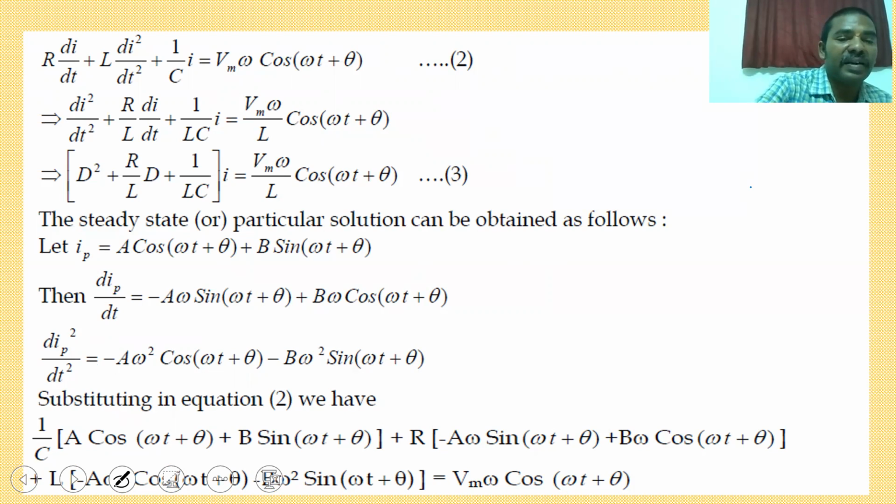For the particular integral, we take Ip equal to A cos(ωt + θ) plus B sin(ωt + θ). Then differentiating Ip with respect to t, dIp/dt is minus A ω sin(ωt + θ) plus B ω cos(ωt + θ). The second derivative d²Ip/dt² is minus A ω² cos(ωt + θ) minus B ω² sin(ωt + θ).